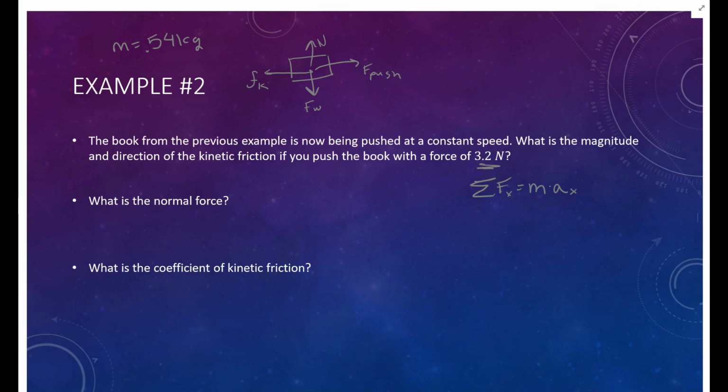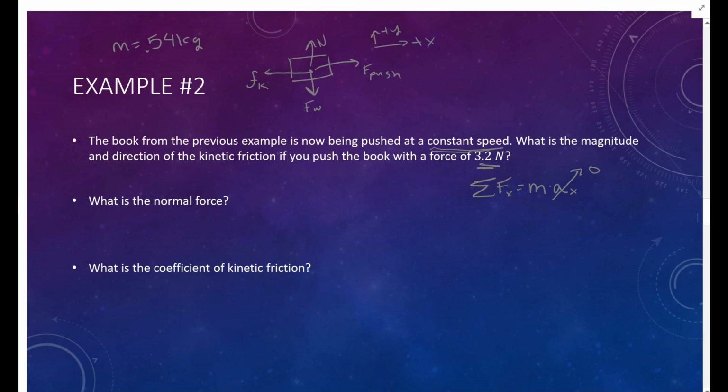Yep. So the thing I was actually trying to get to is if you have a constant speed, what is your acceleration? 0. If you have a constant speed, your speed is not changing, in which case your acceleration is 0. So my right-hand side of my equation goes to 0. When I add my forces, you do need to take a look at what your coordinates are set up as.